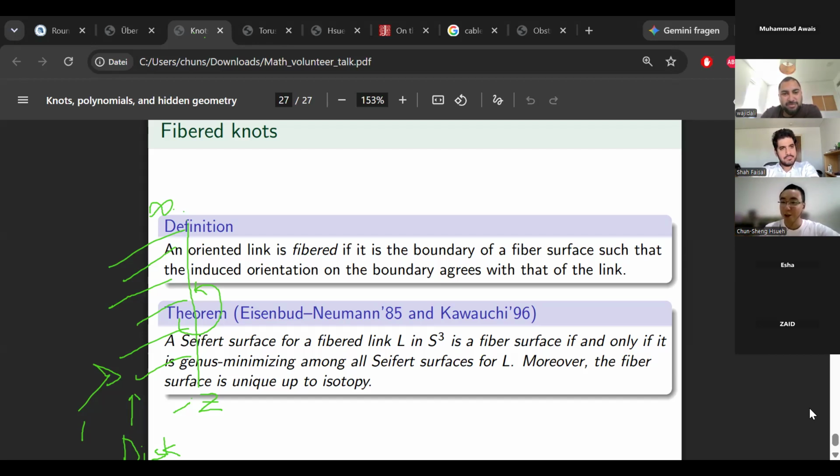A Seifert surface that is built by Seifert's algorithm is called canonical, and it's non-canonical if it cannot be built using Seifert's algorithm starting with any diagram of the knot. This is just the convention: canonical means it comes from this algorithm. If it doesn't come from this algorithm, then it's non-canonical. The same goes for the genus, canonical and non-canonical, which is again related to Seifert's algorithm specifically.